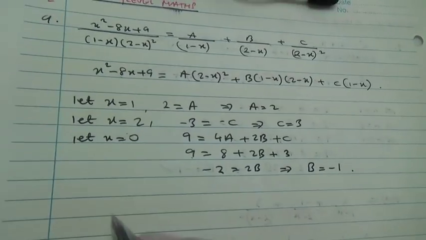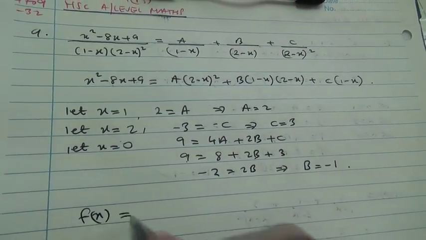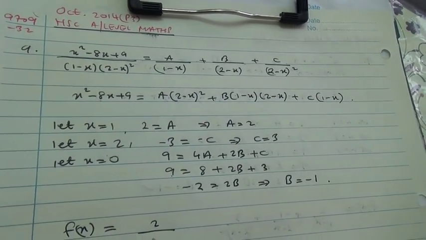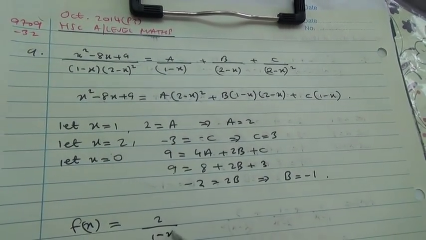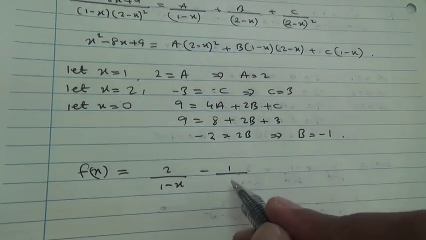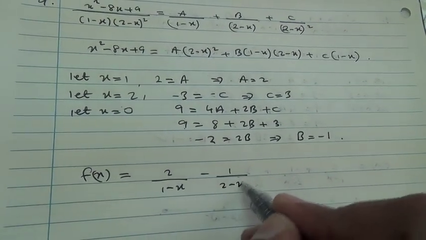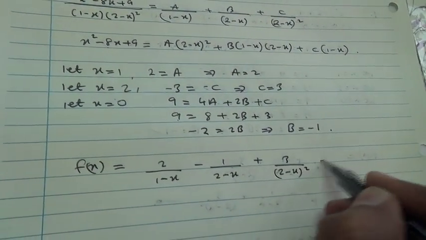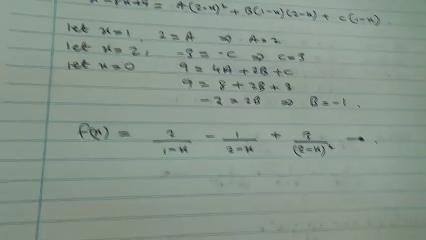Hence, to express that in partial fractions, f(x) is equal to A, which is 2 over 1 minus x, plus B, which is minus 1, over 2 minus x, plus C, which is 3, over (2 minus x) squared. Here we are for the first part.